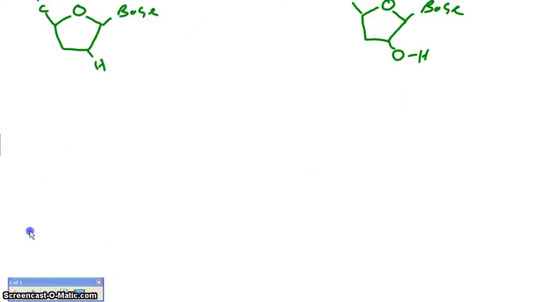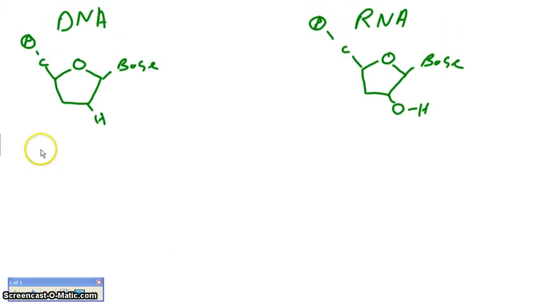Next difference is that DNA is almost always in a double helix. There are some exceptions, but that's beyond the scope of this course, so don't worry about it. RNA is most often single-stranded. It's not a double helix.